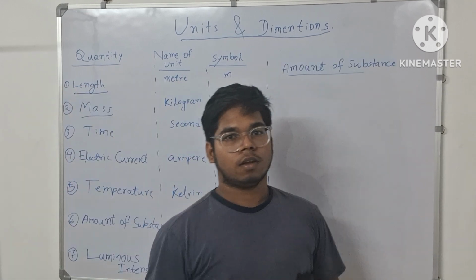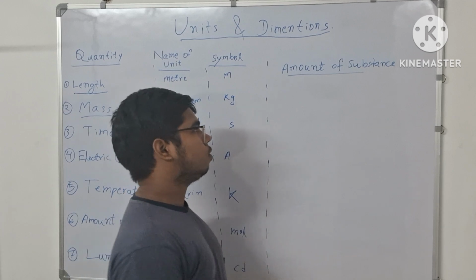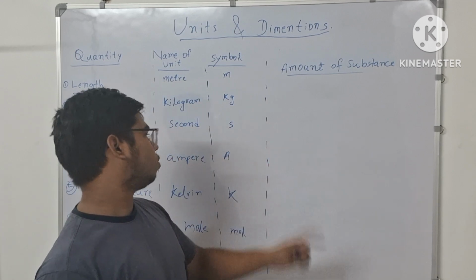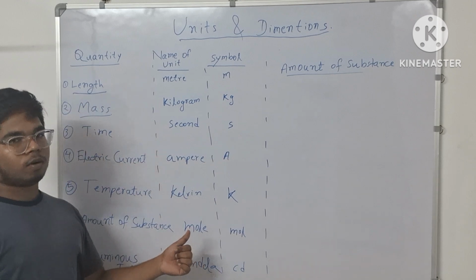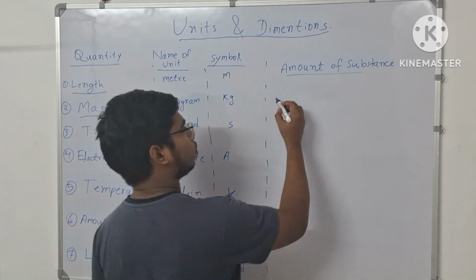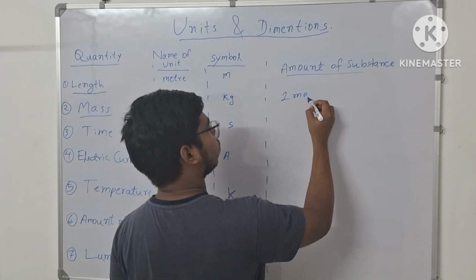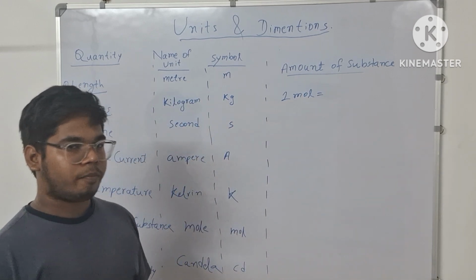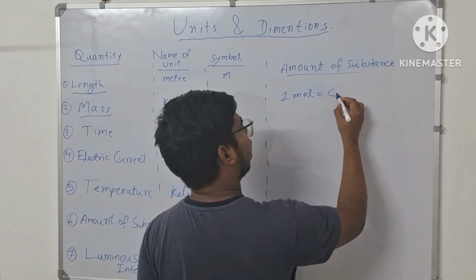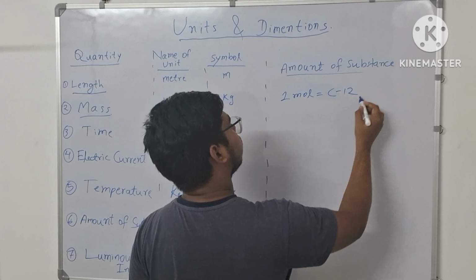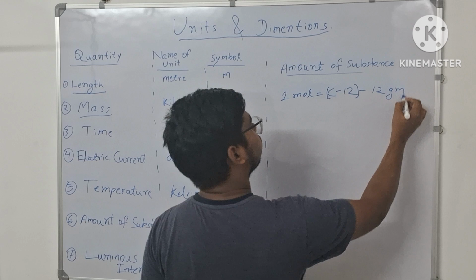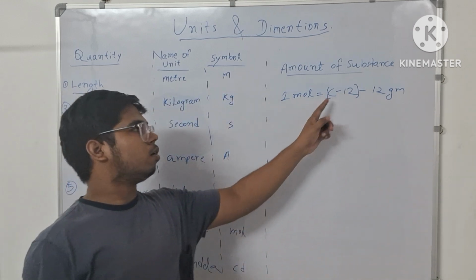Next is amount of substance. The unit for amount of substance is the mole. We define 1 mole as the number of atoms present in 12 gram of carbon 12.